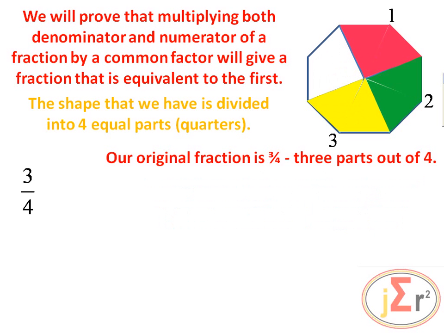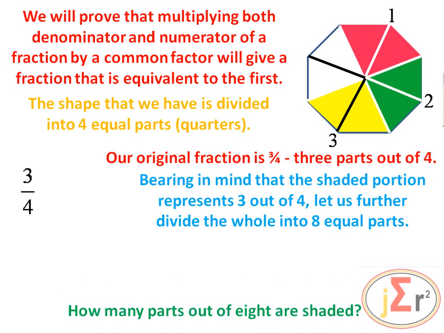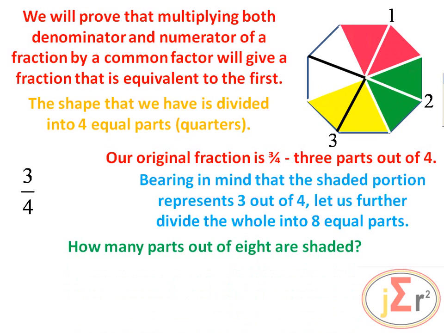And the one that we are going to be dividing into at this present time will be how many equal parts? 8. So there we have 8 equal parts. How many parts out of 8 are shaded?